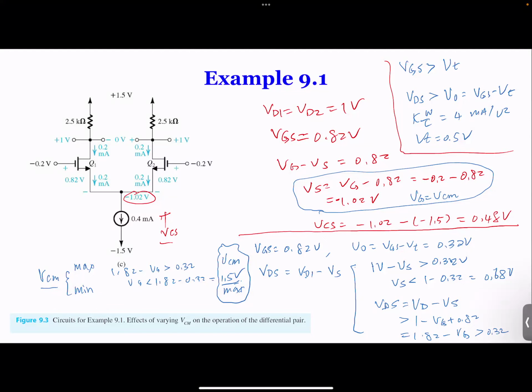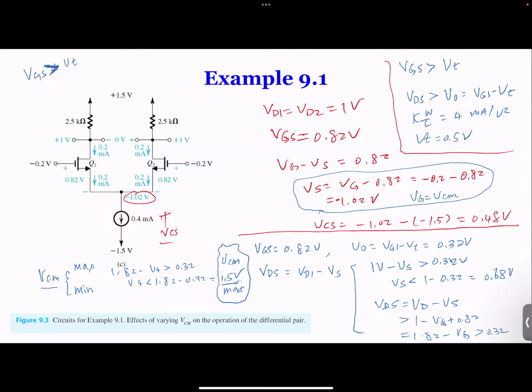So if it is in cutoff, we will know that this VGS has to be less than VT, or larger than VT, to compare into either triode or saturation operation mode.